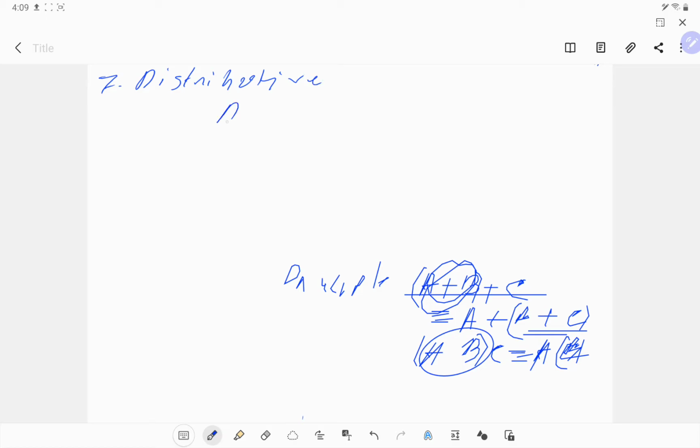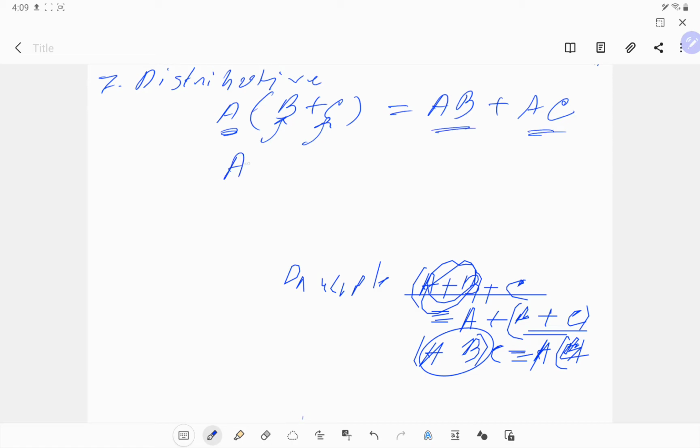Now if we have A times (B plus C), then we can distribute A to both B and C. This is actually AB plus AC. So we have A times not only B but also C. We are distributing A into B and into C. That's how we get AB plus AC.